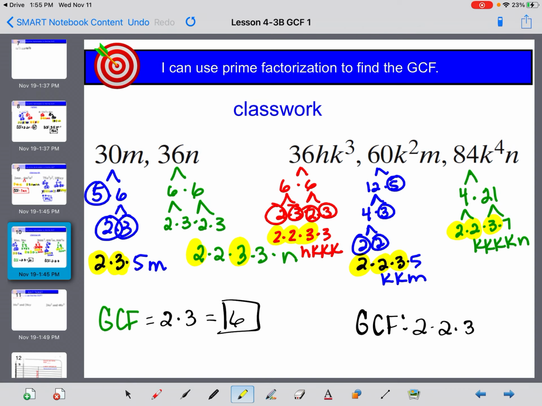Now, this red list has an H, but none of the other lists do. The red list has a K and a second K. It looks like the blue list has 2 Ks, and so does the green. Now, the blue list has an M, but none of the others do, and the green list has more Ks and an N, and none of the other lists do. So my answer is 2 times 2 is 4, 4 times 3 is 12k to the second power.